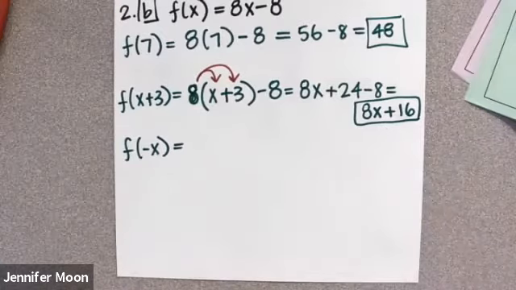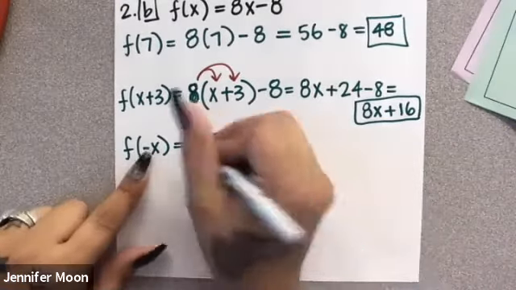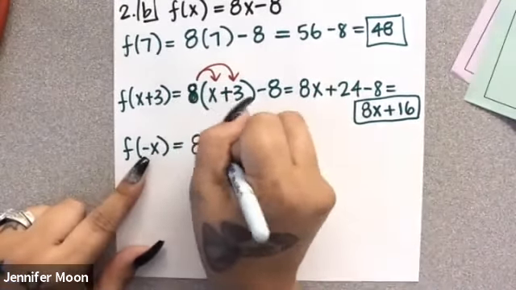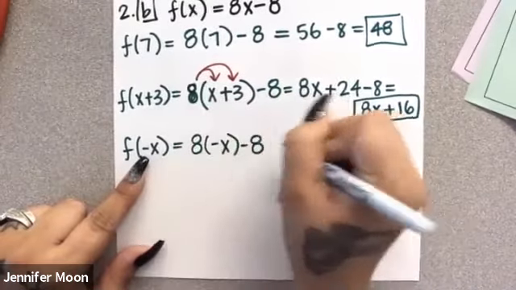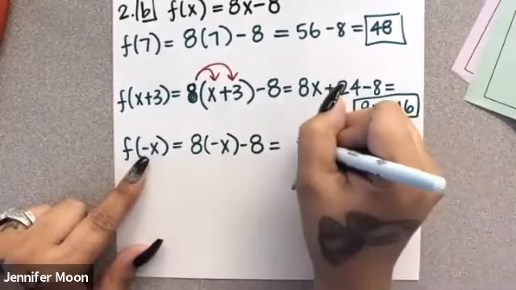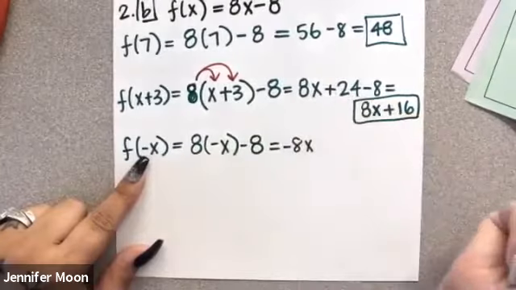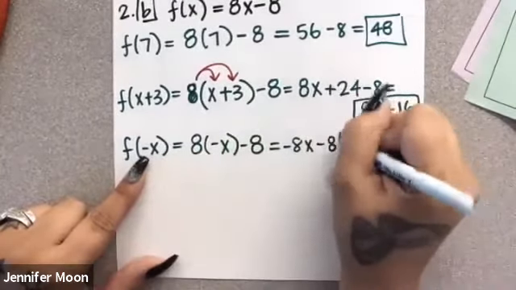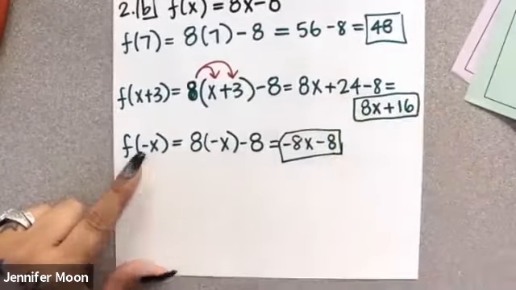So literally just the function itself. And then here, instead of my positive x, I do a negative x. If you do 8 times x, you get 8x. Signs are different, so it's negative. And then you have that negative 8 right there.